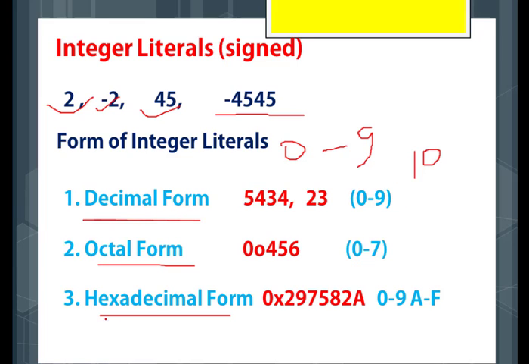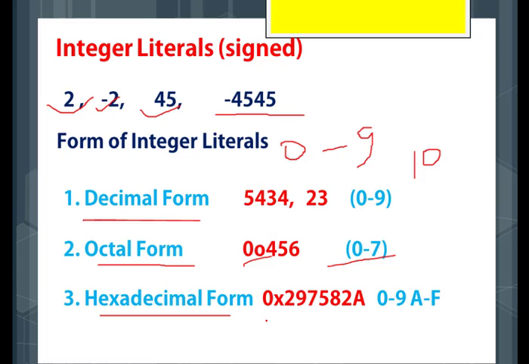Okay, octal numbers are formed from 0 to 7, and are generally written in this form, 0o and then 4 5 6, whatever it is, so it won't go beyond 7. 4 5 6 8 is not okay, so the digits will be from 0 to 7 only. So this we call an octal number.